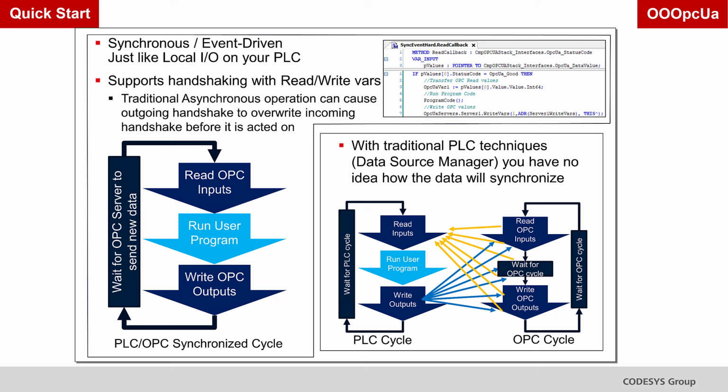So let's go through that one step at a time and make it a little more understandable. The server sends you a true to trigger you to perform some functionality. You perform that functionality and then you write a false to confirm it was completed. But your program writes that false too late and misses the OPC write cycle.